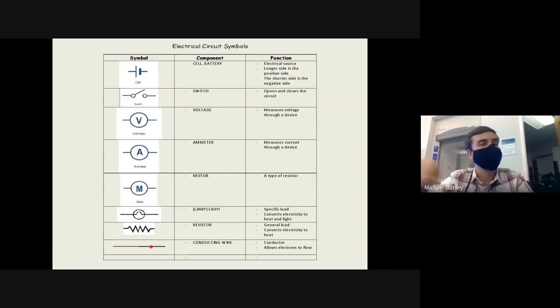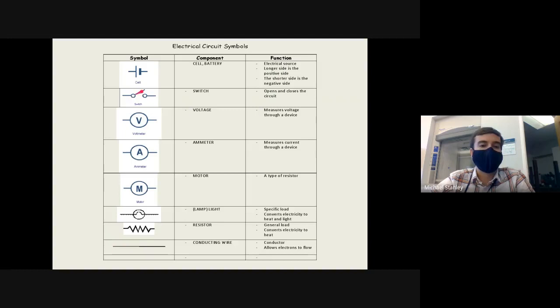And then a battery, normally in an electric circuit, is drawn with one big side and one little side, where the little side is the higher voltage negative side, and the big side is the lower voltage positive side. And remember, the smaller side is pushing the electrons over to the big side. The negative side is pushing to the positive side.